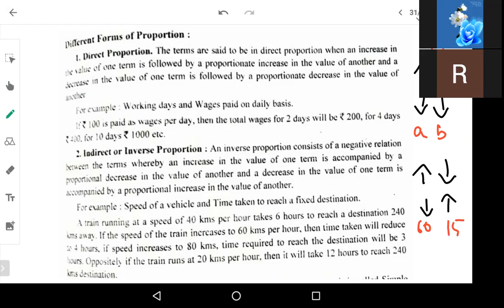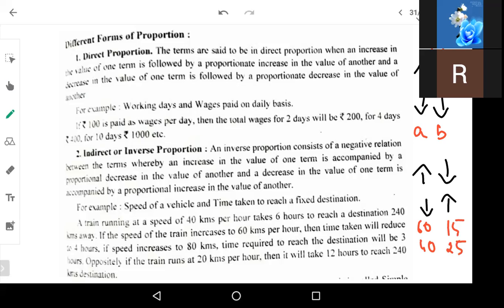But if you go at 40 kilometer speed, you'll be able to reach within, let's say, 25 minutes. So here the speed is decreasing and the time is increasing, correct? From 60, the speed is decreased to 40. The time from 15 minutes has increased to 25 minutes. So one is decreasing, the other is increasing.